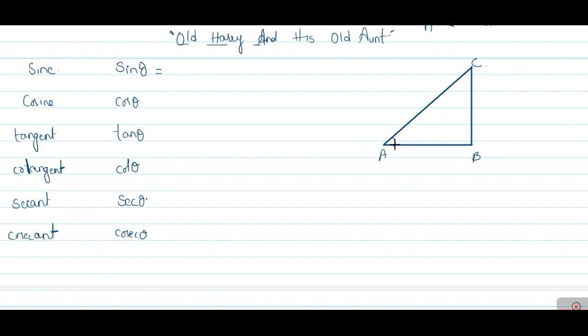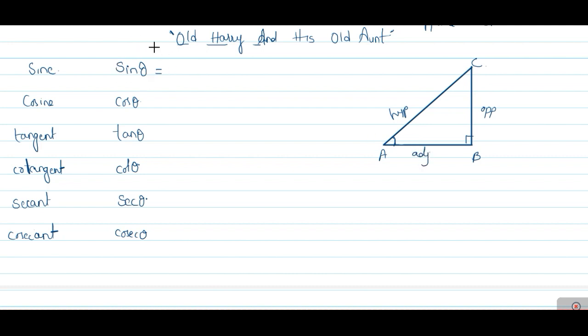If we are finding the trigonometric ratios with respect to angle A, we are considering the angle A. Now this is 90 degrees, right? So this is the hypotenuse, this is opposite to the angle, so this is the opposite side, and this one is the adjacent side.